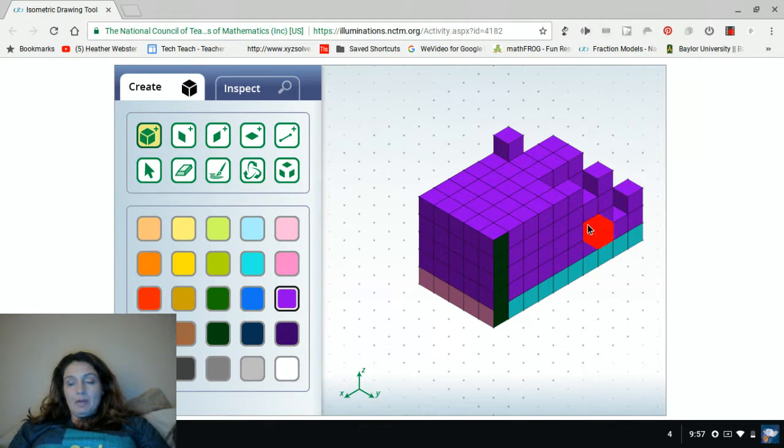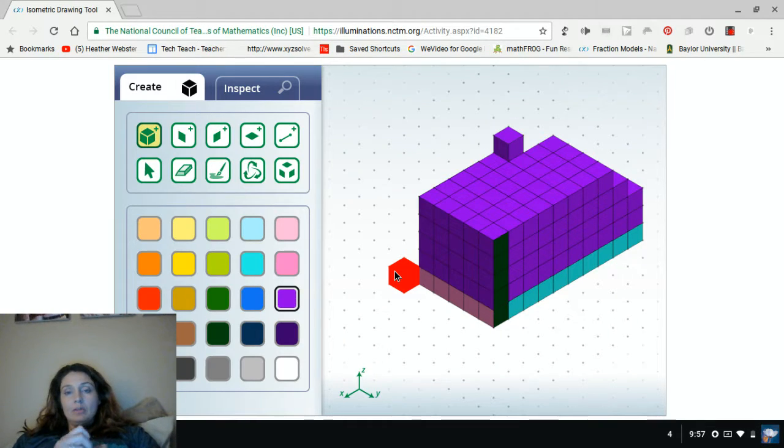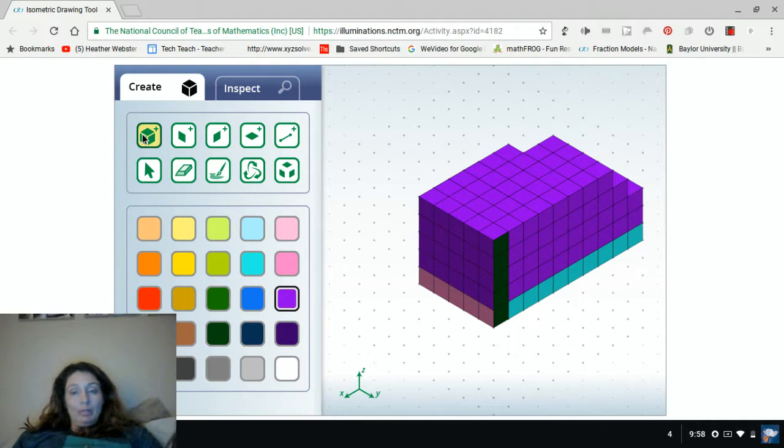It's not cooperating with me. So let me go back. Okay. So length times width times height. I can take that one funky one up here away. And I could have kept going back. But again, that is volume. It is creating that shape with volume. Length times width times height.